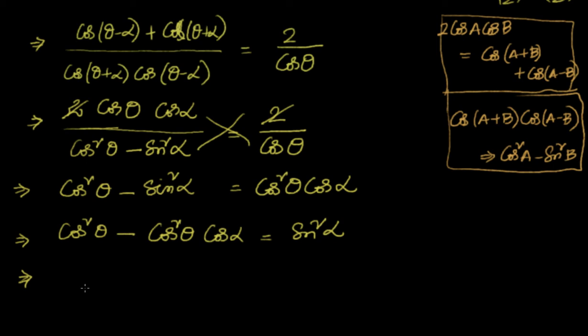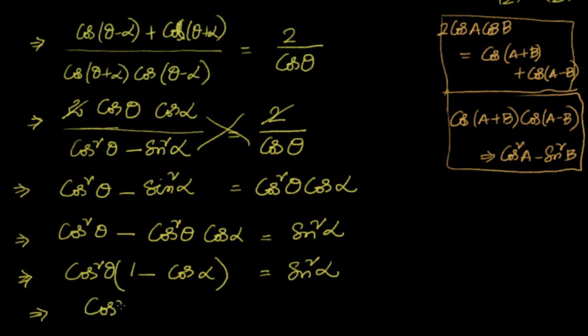or cos square theta into 1 minus cos alpha equal to sin square alpha, or cos square theta equal to sin square alpha by 1 minus cos alpha.